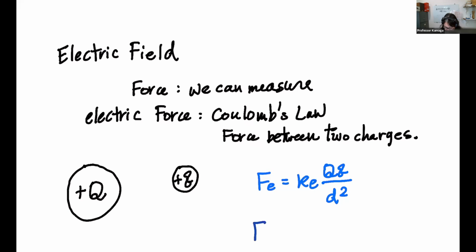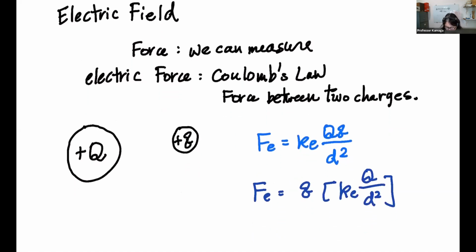The force on the little q is the same as the force on the big Q. So we can see that this little q is in the environment of a big Q. Like Earth and an apple, or here a Swiss cheese.